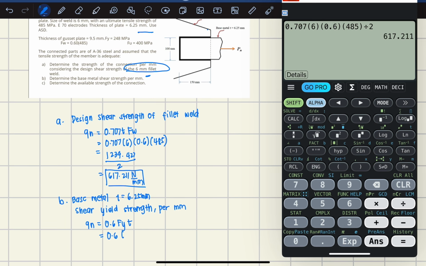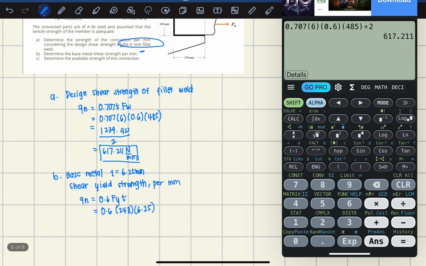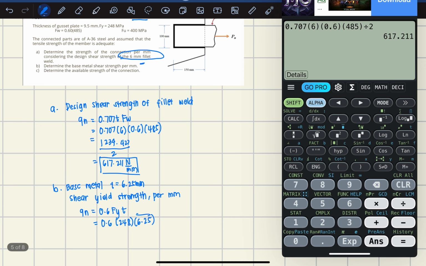So, yung Fy na given is 248 times the thickness ng base plate mo na 6.25. Kung mapapansin mo, yung thickness ng base plate mo is malaki compare dun sa fillet weld. So, hindi dapat sobra sa thickness ng base metal yung thickness ng fillet weld.